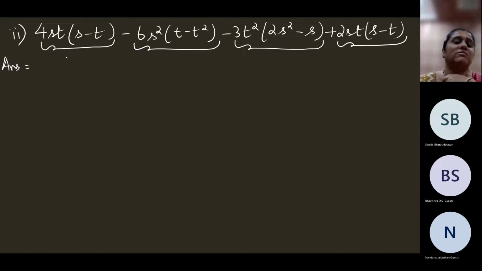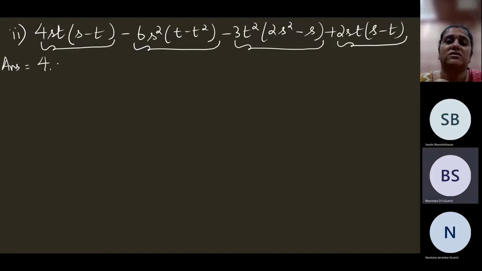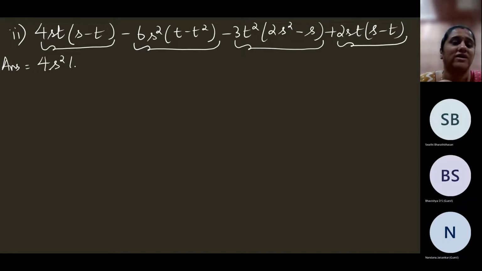Bhavishya, tell me the first part. 4s square t, ma'am. Then minus 4st square, ma'am. Very good.